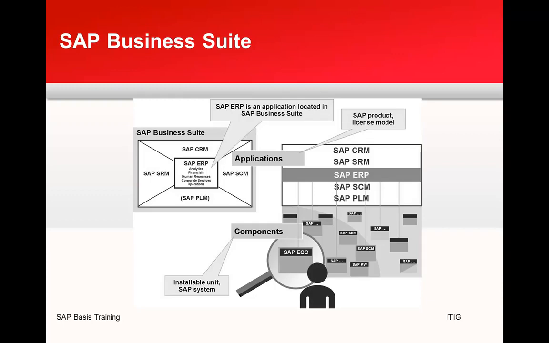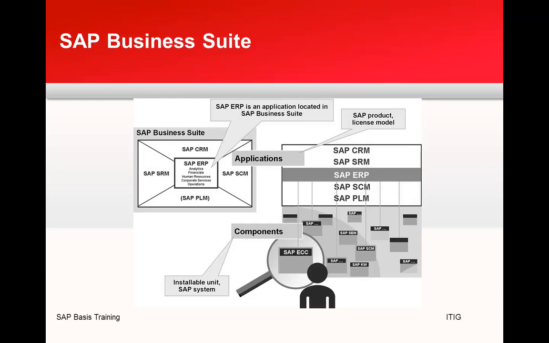Here you can see these are the components. Basically the installable unit is the SAP system. You have ECC, BW, HCM, CRM, PLM. These are basically the key products from SAP on the business suite.